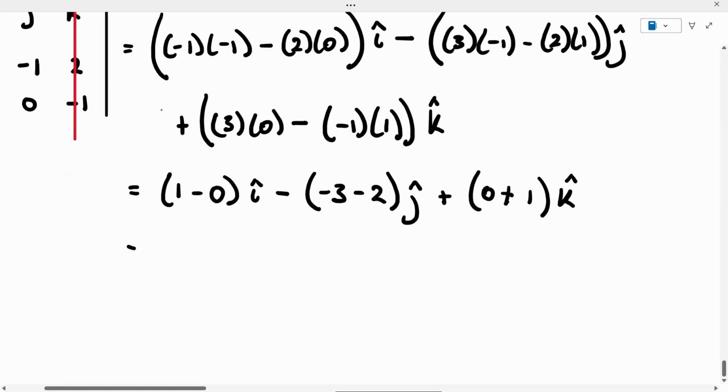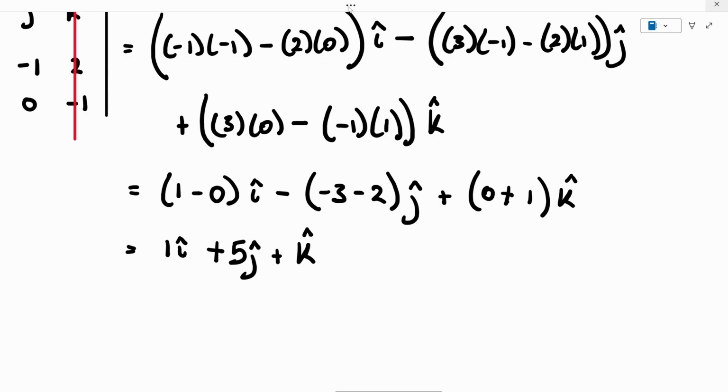So the vector is 1 minus 0 is 1, i, minus 3 minus 2 is minus 5, so that'll change to plus 5j plus k. And this is our cross product. You all got that? Cool.